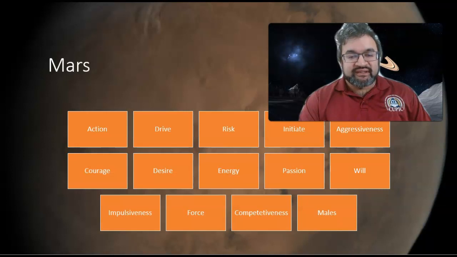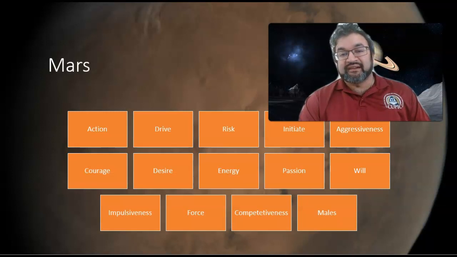Next is Mars. Mars is action, drive, risk, initiate, aggressiveness, courage, desire, energy, passion, will, impulsiveness, force, competitiveness, males. So as you can see, this is a very active sort of sign. It's a fire sign. Aries is ruled by Mars, and a lot of times Mars is impulsive and risk-taking.